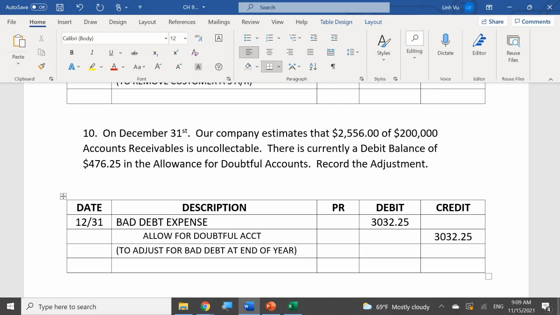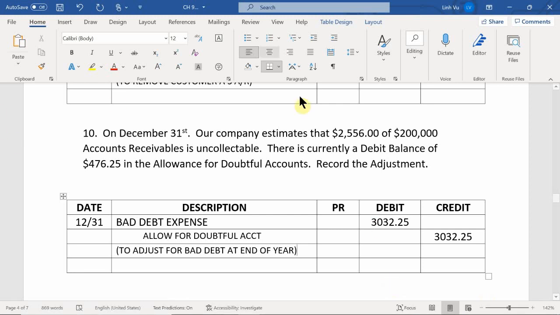Now, what I'm going to be testing you on is not going to be any of this, right? It's just so you know where the balance for the allowance for doubtful comes from, okay? Because a lot of students had questions, where did the balance in the allowance for doubtful accounts come from? Well, there you go.